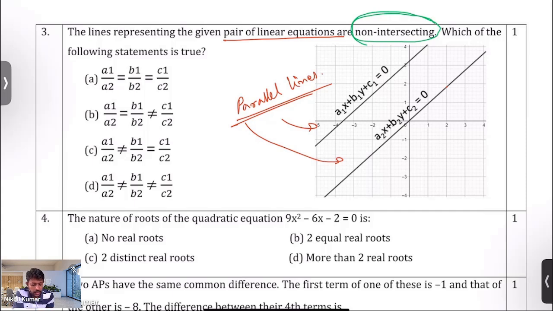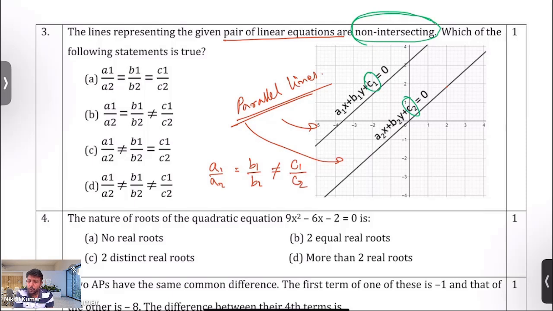The condition is that the coefficients of x and y are in proportion, but the coefficient of the constant term are not in proportion. So a1 upon a2 must be equal to b1 upon b2, but it's not equal to c1 upon c2.